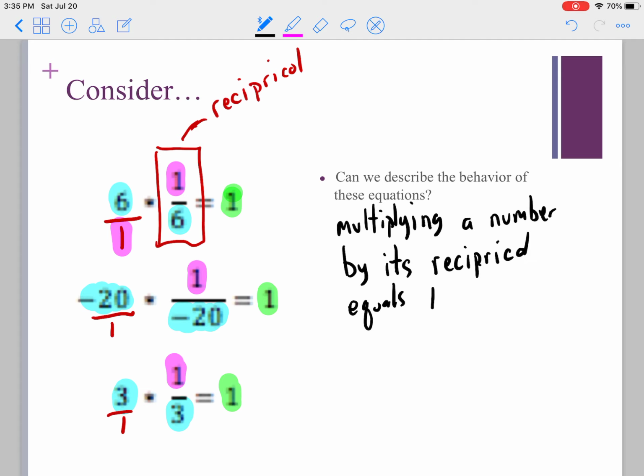So anytime you have a number and you multiply it by its reciprocal, it will equal 1.